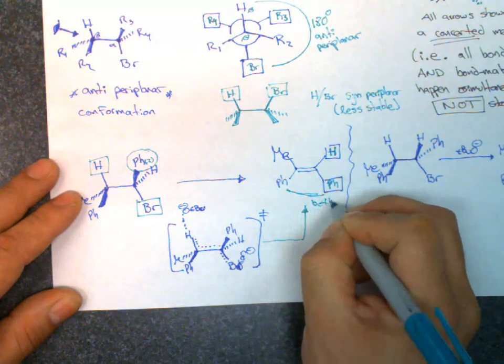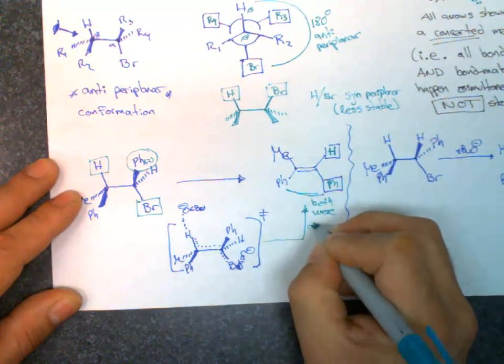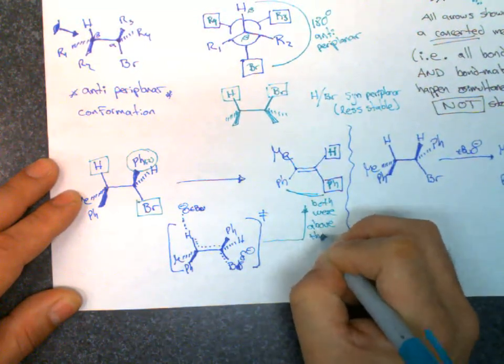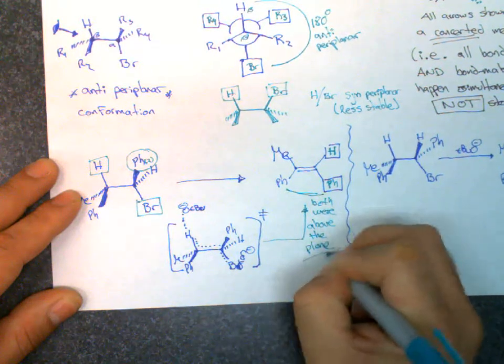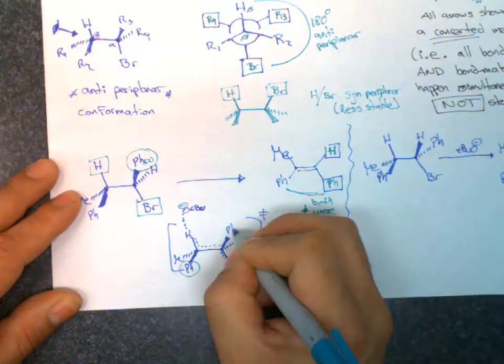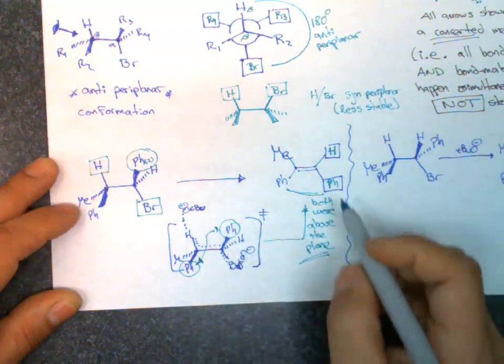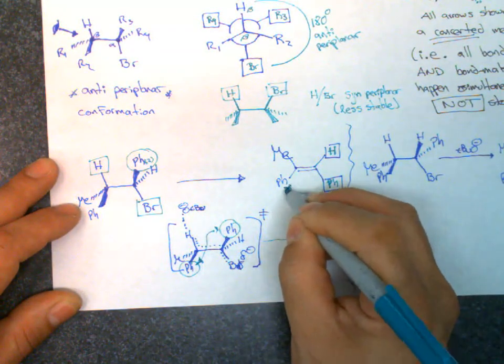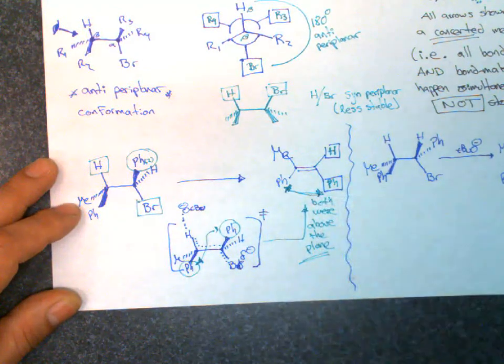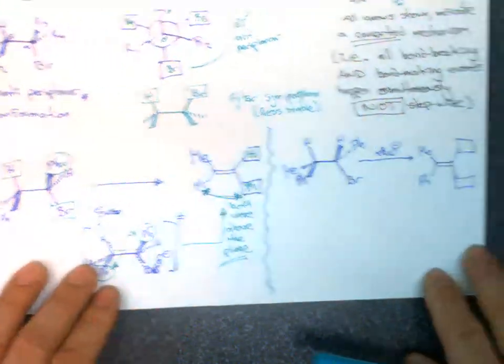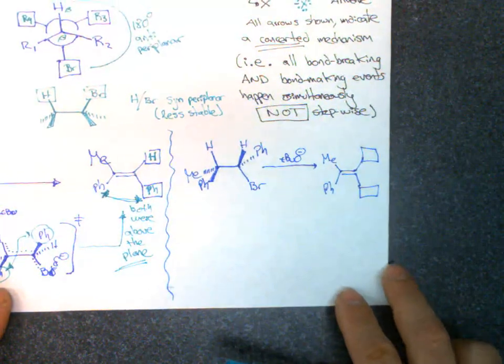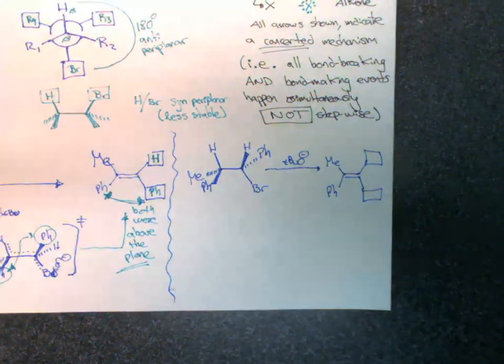Both were above the plane. So in the alkene, they end up on the same side. Okay? Cool. Now let's do the opposite.